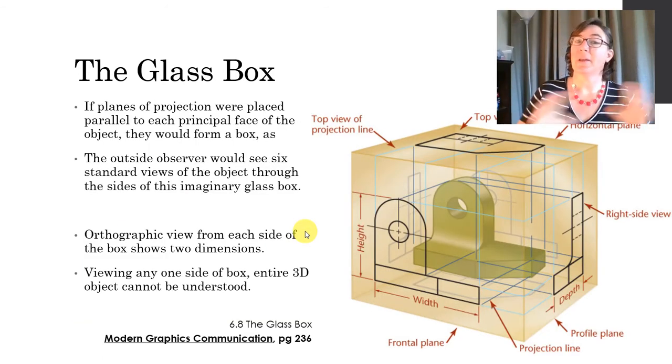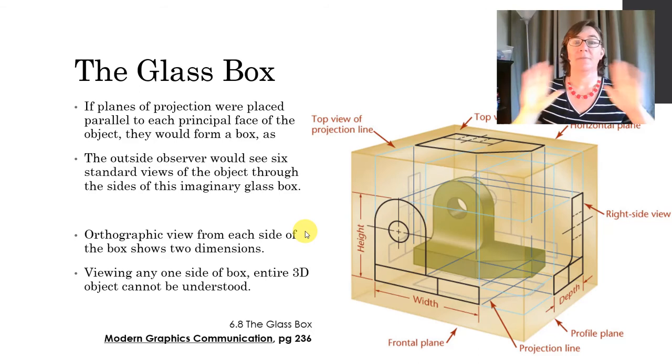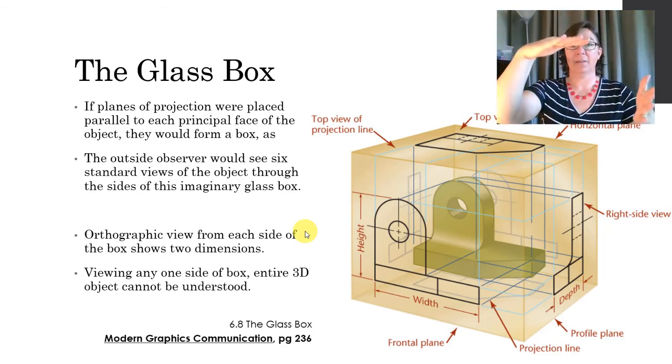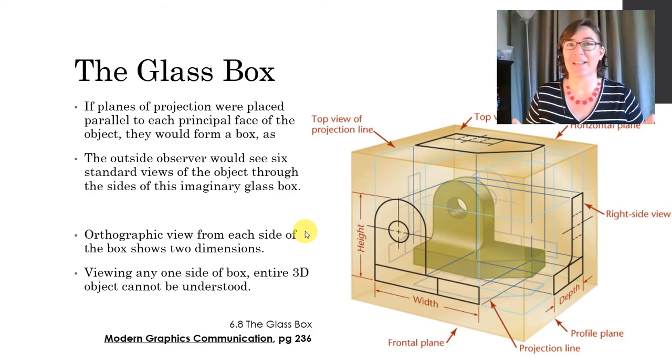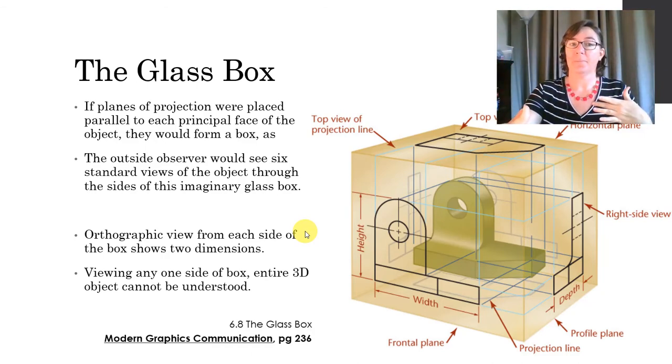But remember, we're talking about a three-dimensional object and we want to look at all 6 of those principal views. If you imagine those planes of projection on all sides of our object, they form a box. So in essence, you're creating a glass box around your object and then projecting views in each direction.